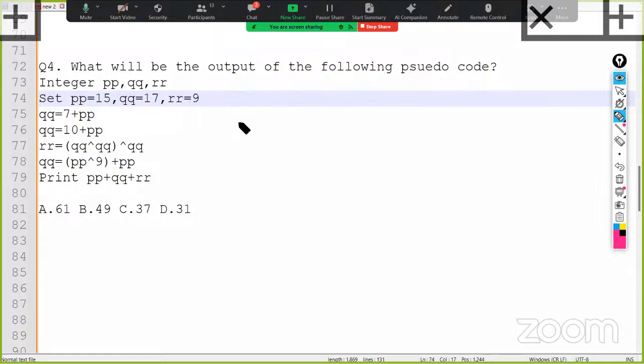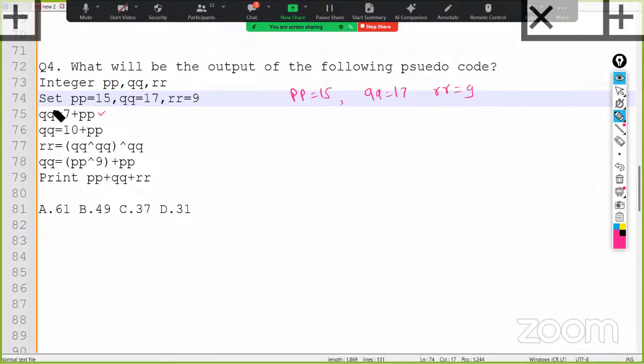So we have three variables. The value of PP is 15, the value of QQ is 17, and RR is 9. Then in these two lines of code, QQ is going to change, but whatever QQ is updated to here is not used in the second statement.